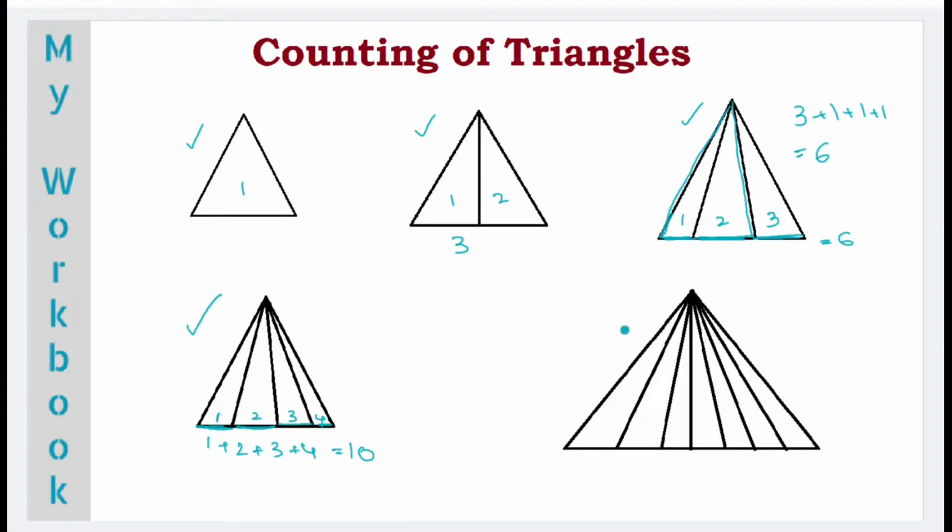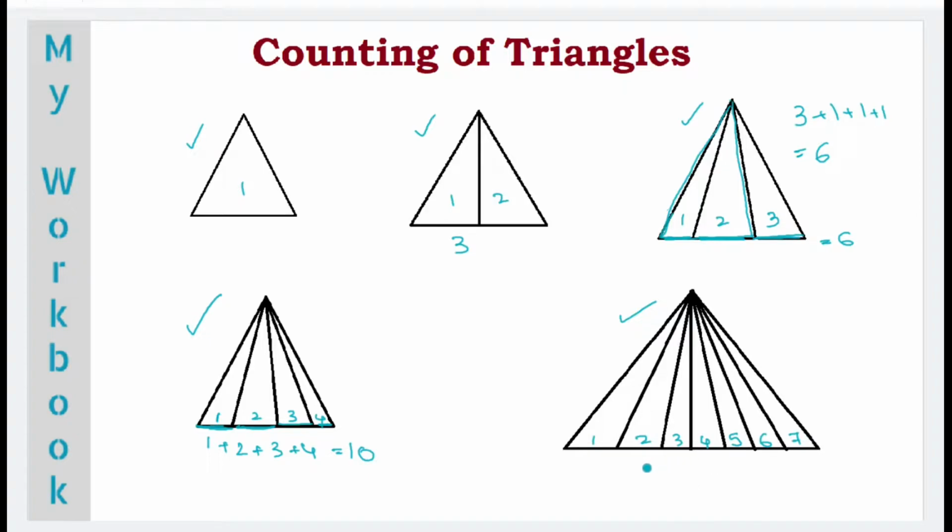Let's solve this image here. We need to find the total number of triangles in this image. Simply identify the baseline and mark the segments that it has been divided into. 1, 2, 3, 4, 5, 6, 7.